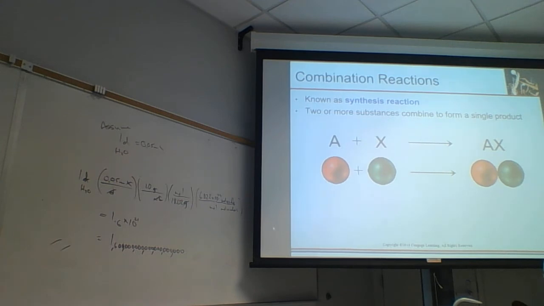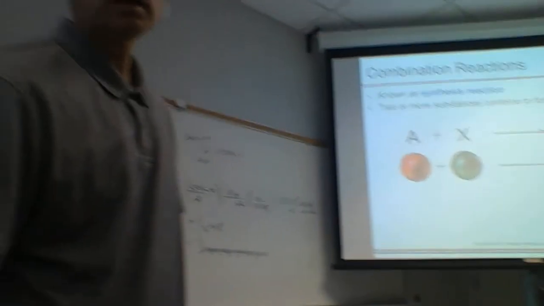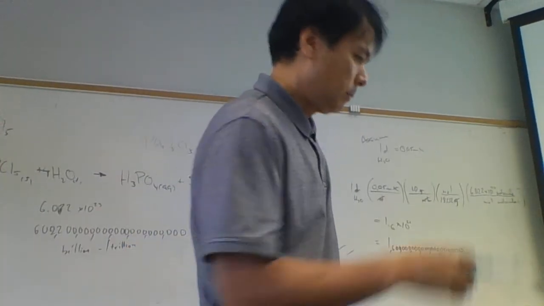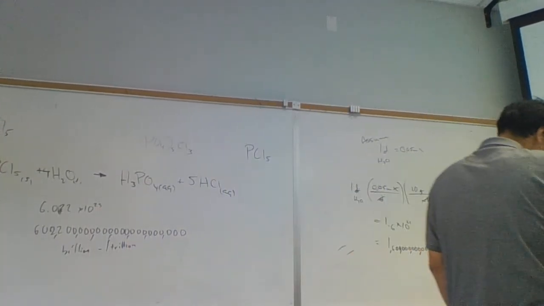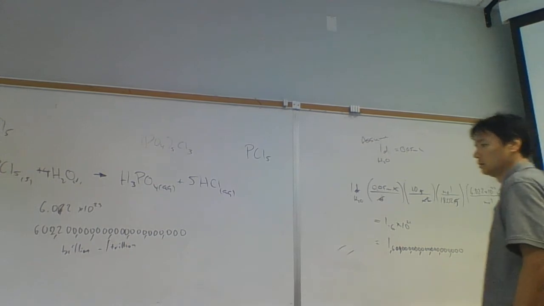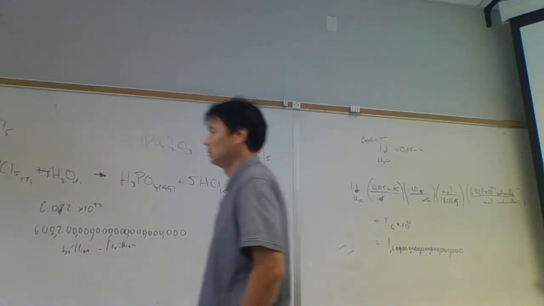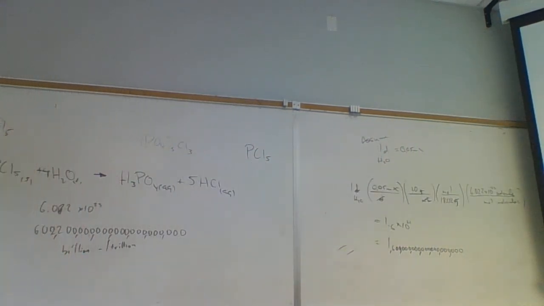And so we're going to look at some types of reactions here. But before we do that, I don't particularly like this classification scheme because we have lots of different combination reactions.